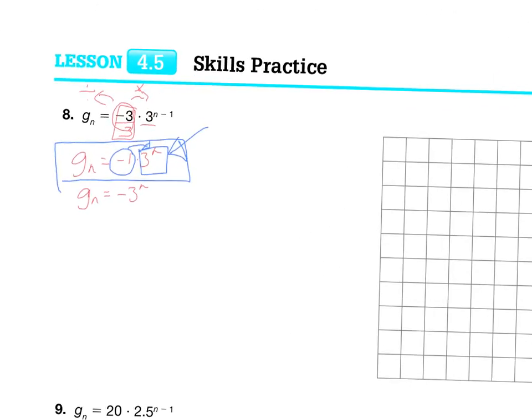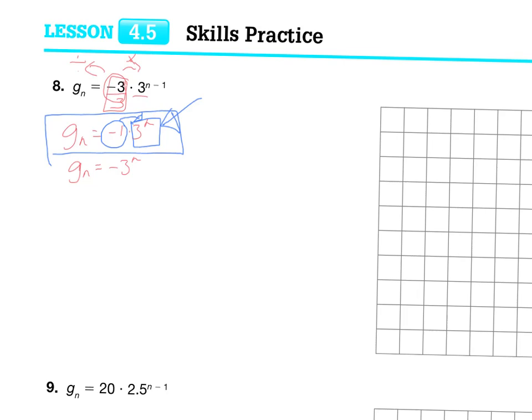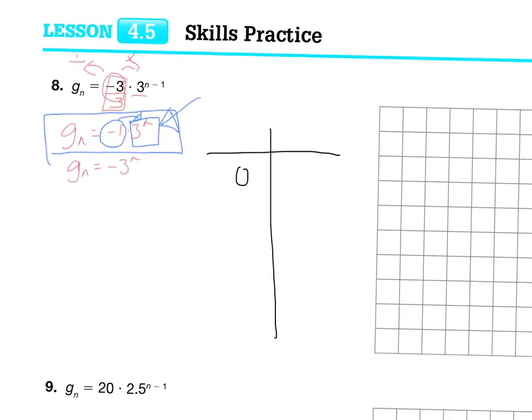Okay. So you could also make a t-chart. It's another strategy to use. So your first term was -3, and then the ratio was 3. That means we're multiplying by 3, so that's easy. So multiply it by 3, that would be -9. Is that right?